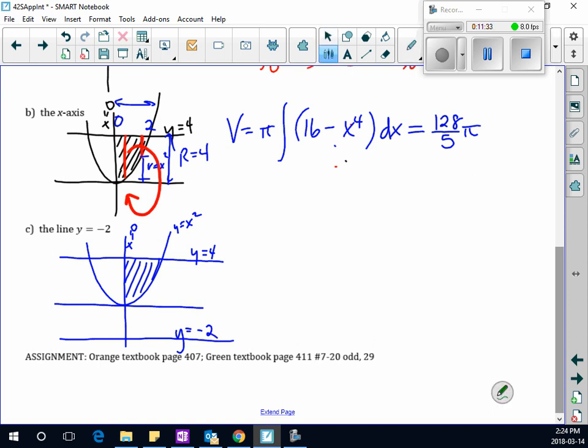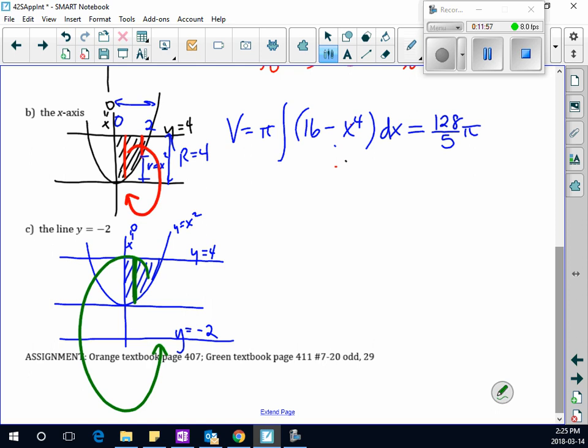Ooh. So we're taking this and we're rotating it like that. So how are we stacking it? Well, we'd be stacking it like this. And this one is pretty noticeable that it is a washer, right?